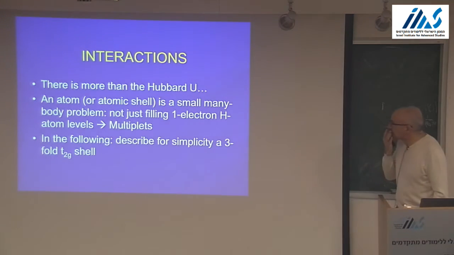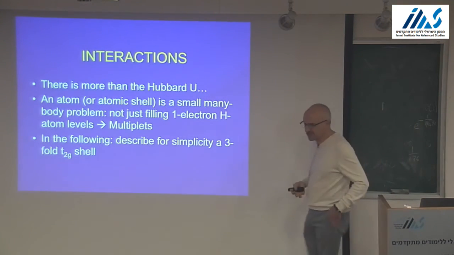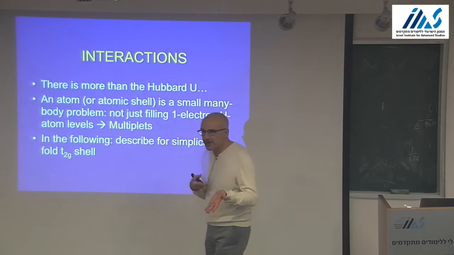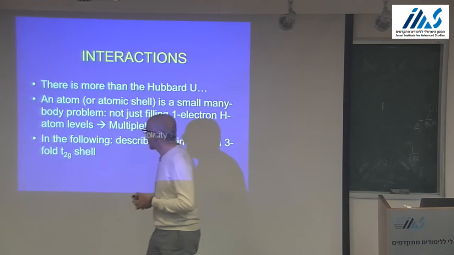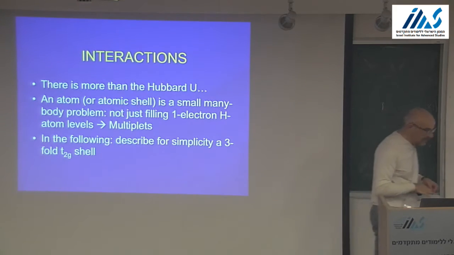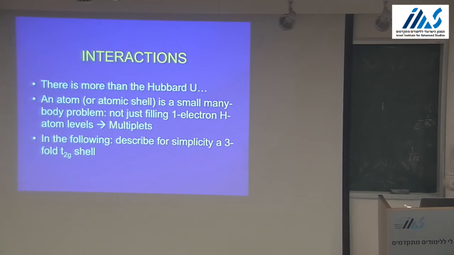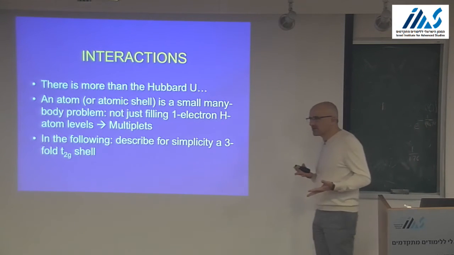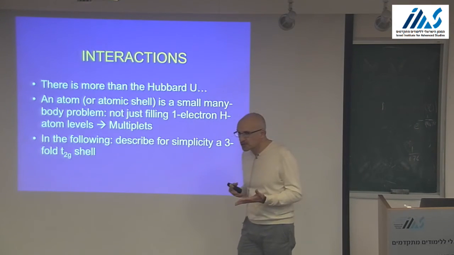Okay, very good. So I've talked about basic orbitals and the way they overlap and so on, and I haven't told you anything about interactions, except that there is a Hubbard U. But you can easily imagine now that because there are other orbitals, there are also other interactions.